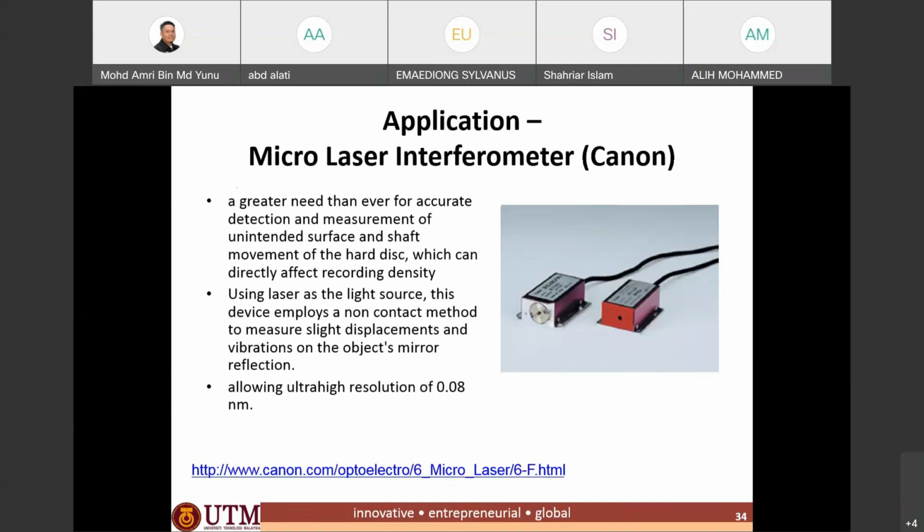A hard drive is based on rotation, so it can be used to detect slight displacement, or an increase of displacement because of vibration, which can be detected by the interference from the detector. It has a very high resolution, around 0.08 nanometer.